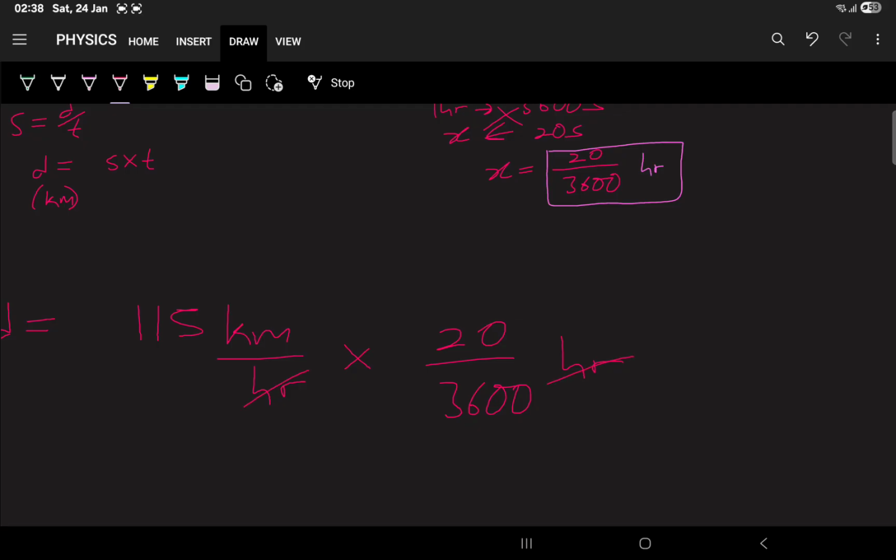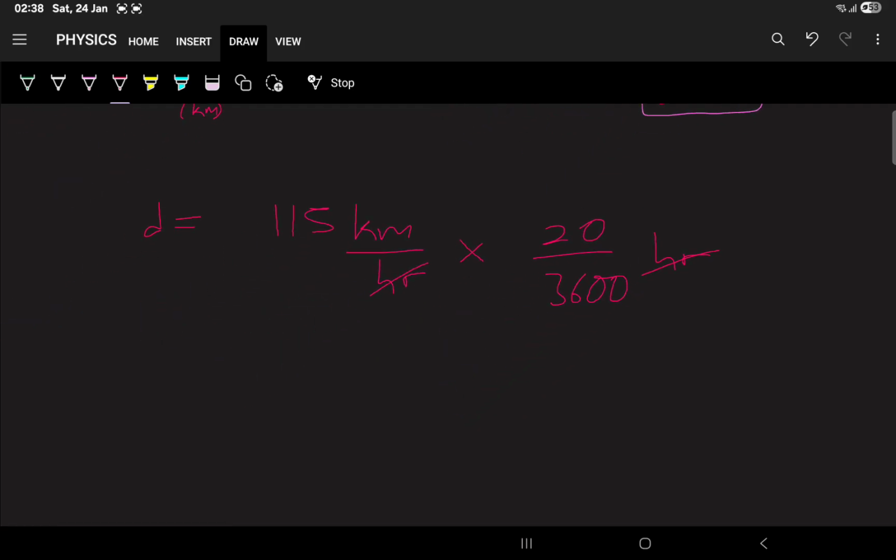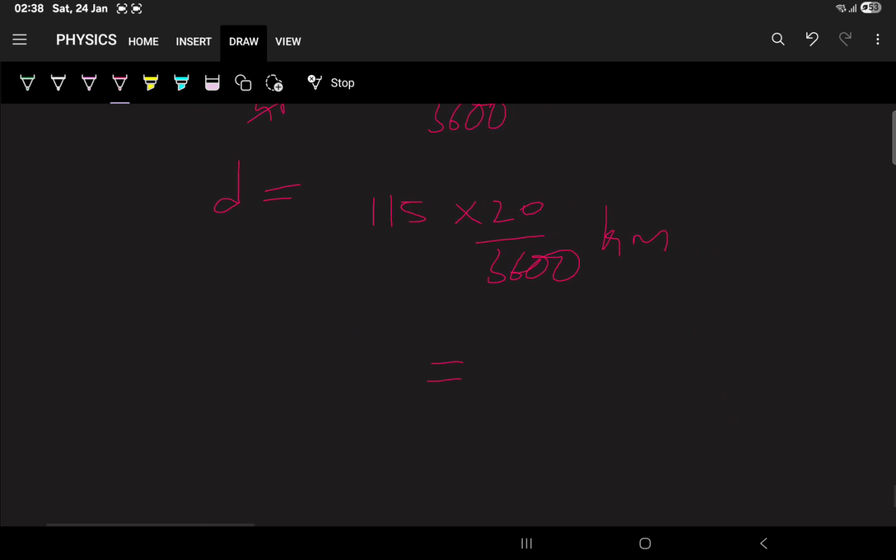Now this hour cancels out nicely, just as we want, and we have the unit of our distance in kilometer, just as asked in the question. Now simplifying, this is 115 times 20 over 3,600 kilometers. This is going to be equivalent to 0.639 kilometer, and there we have it.